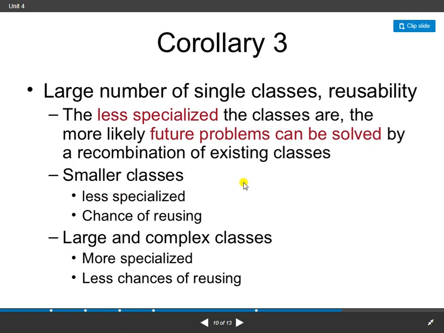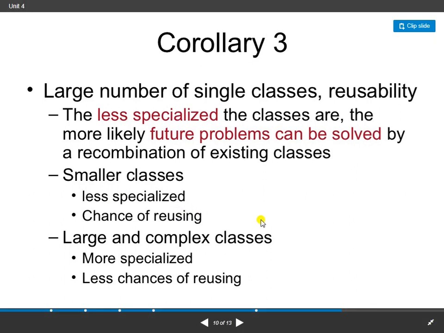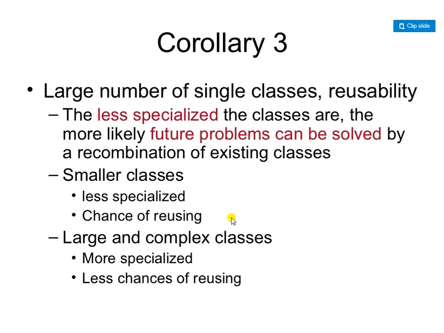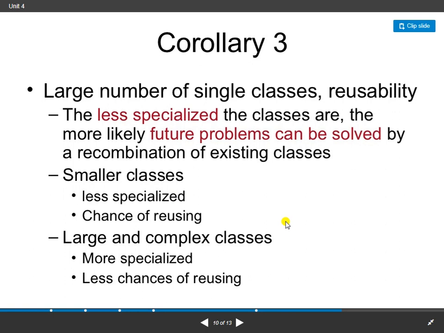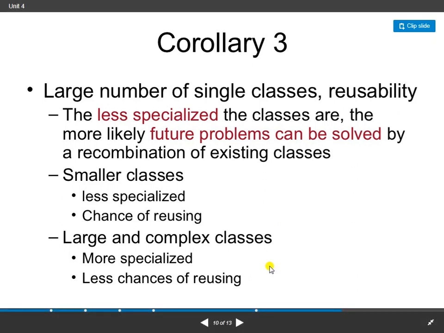Smaller classes are less specialized and have a better chance of being reused. Large and complex classes are more specialized and have less chance of being reused.